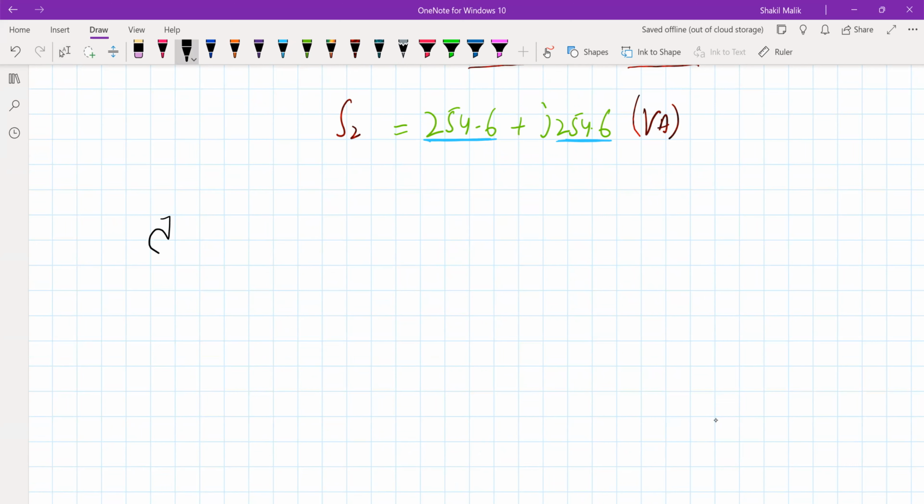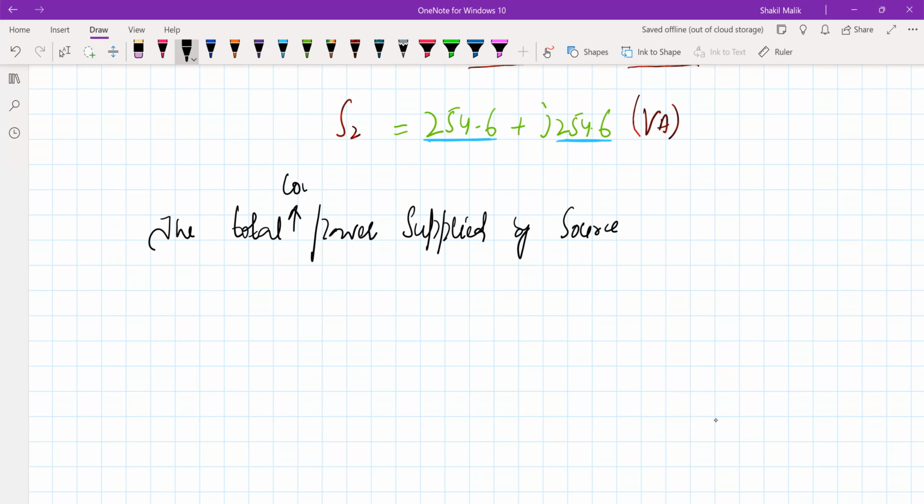So the total complex power supplied by the source, or the total complex power consumed by the two elements, is one and the same statement.